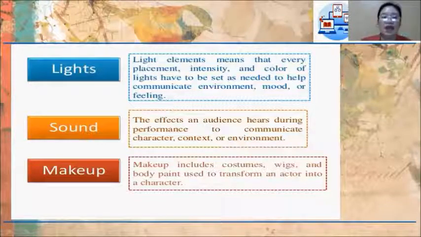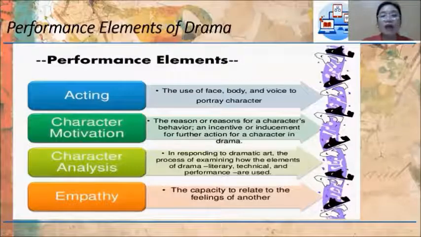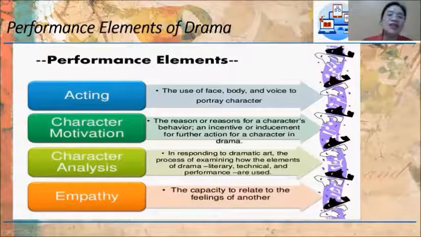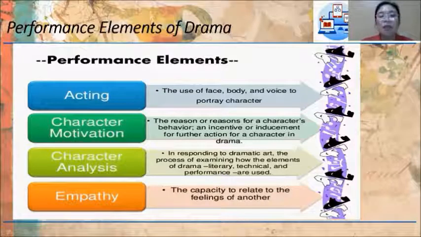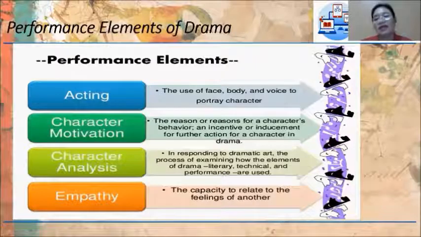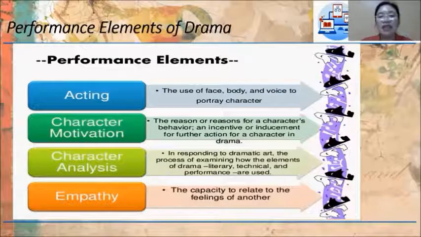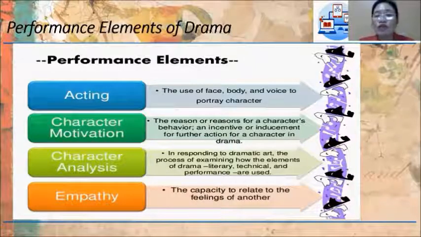And then we have here performance elements. So what are the performance elements? Number one, acting. Acting is the use of face, body, and voice to portray a character.